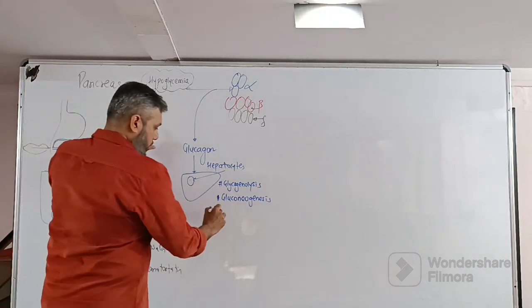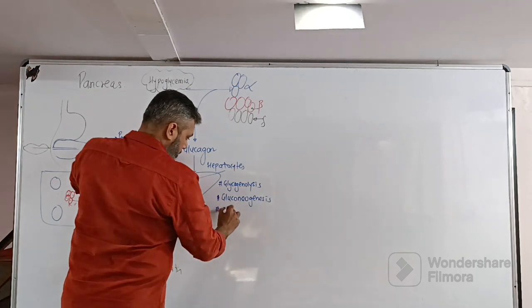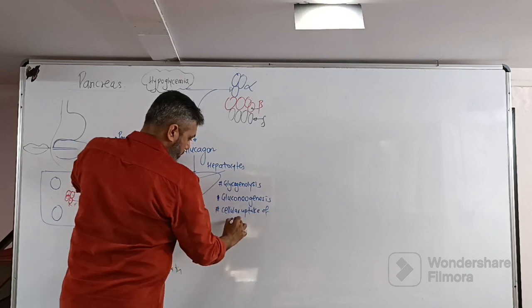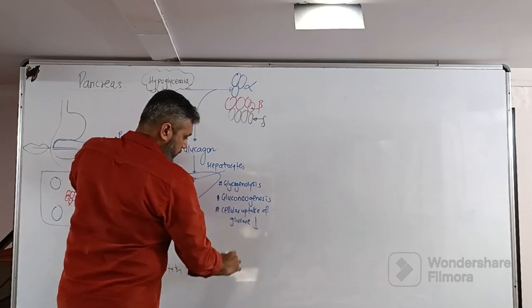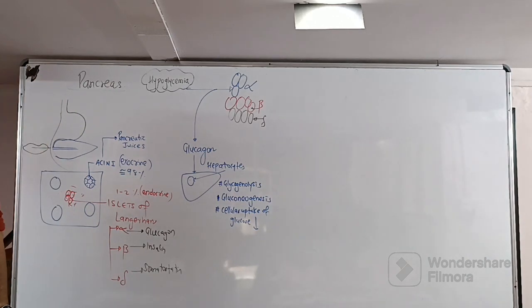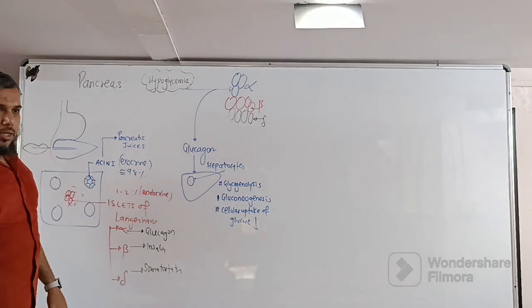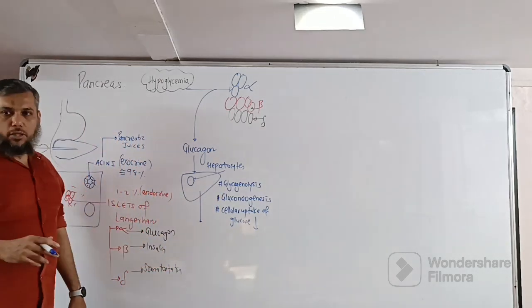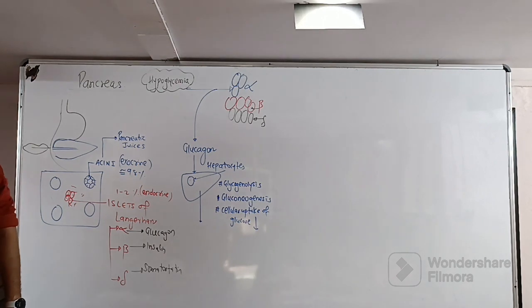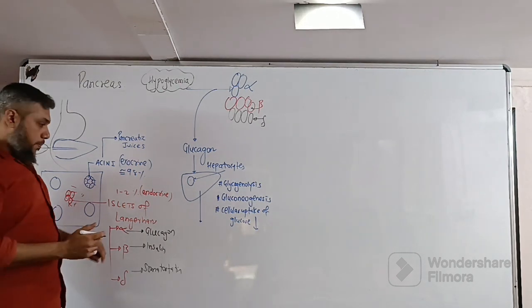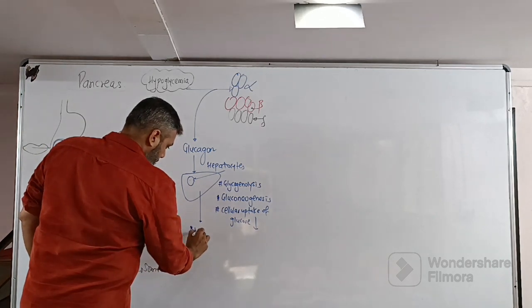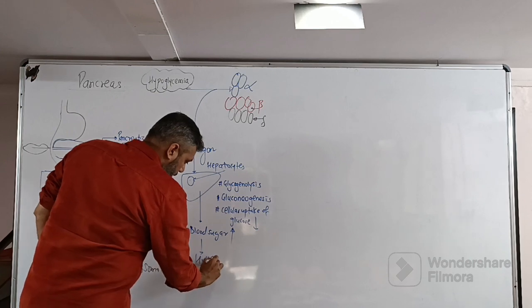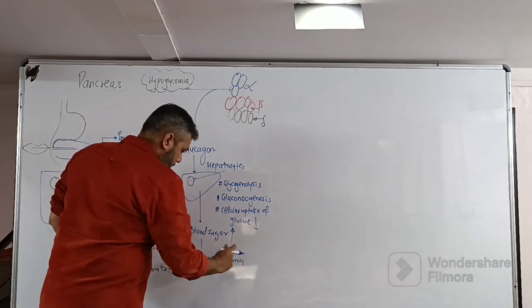And they'll also reduce cellular uptake of glucose. As a result of these three reasons, especially the first two, the liver cells will start releasing glucose into the blood. As a result, the blood sugar will rise, and the condition will be called hyperglycemia.